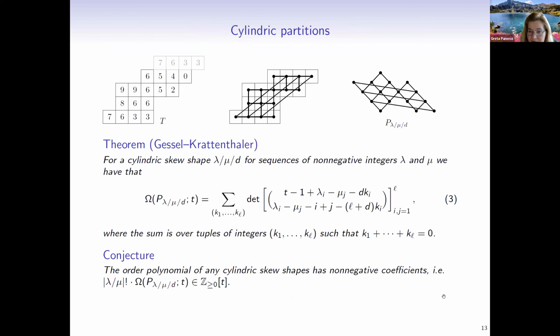You can do cylindric partitions. With cylindric partitions, you imagine that you're drawing this picture on a cylinder, and this row is drawn on top somewhere. So there is a d which tells you what the offset is.